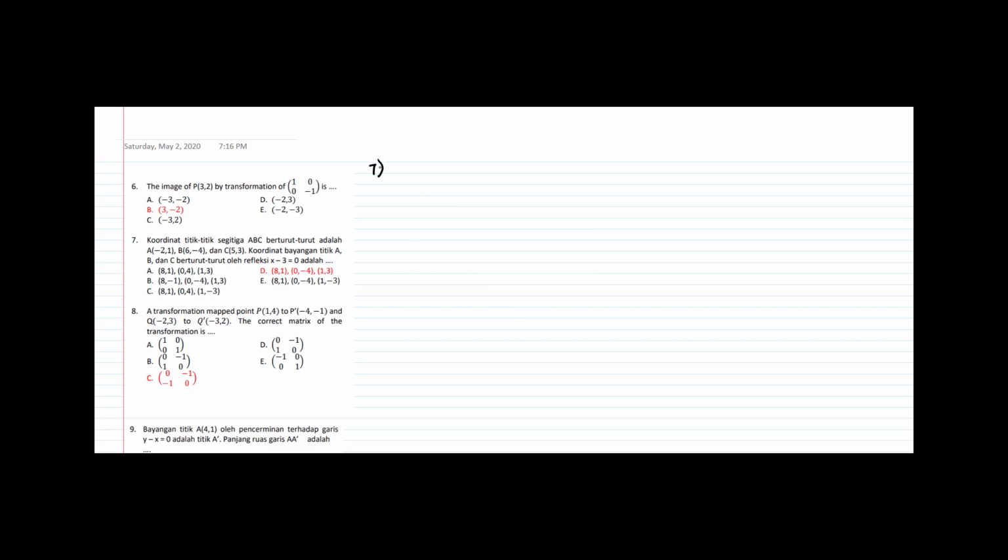Number 7, we have 3 coordinates for A, B, and C reflected by x minus 3 equals 0. Okay, reflect to x minus 3 equals 0. This is not common form, so we have to change the form into x equals 3.